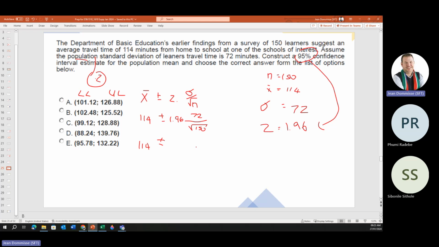72 divided by the square root of 150 times 1.96 is equal to 11.5224. So we will round it off to, again, 11.52 because we're only working with two decimals. So the top one is 114 plus that, which is 125.52.